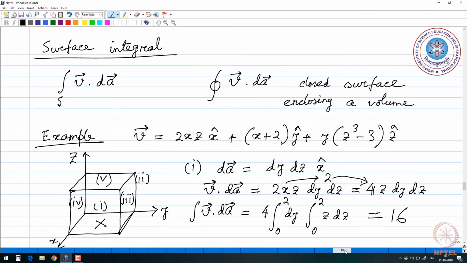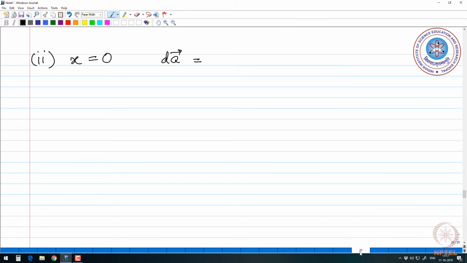In the first surface, we forgot to mention that x equals 2. Okay, we mention it here. Here dA would be dy dz minus x cap, because this surface is pointing in the negative x direction.